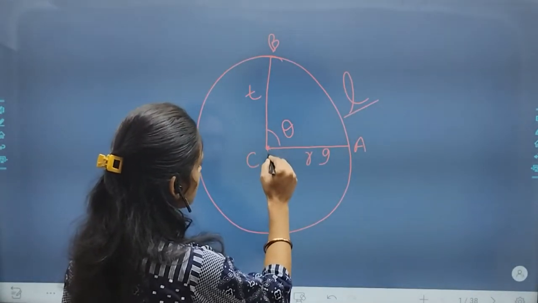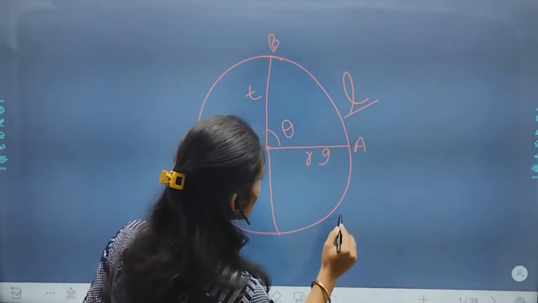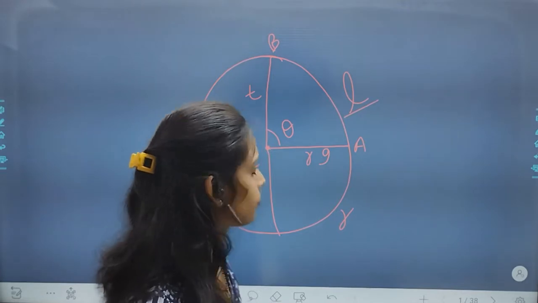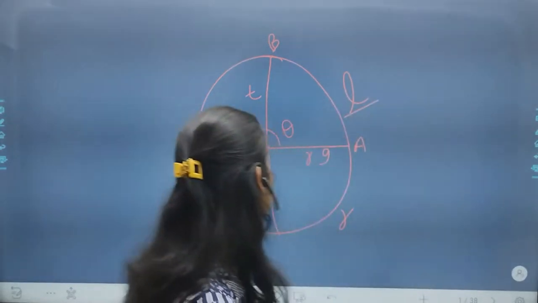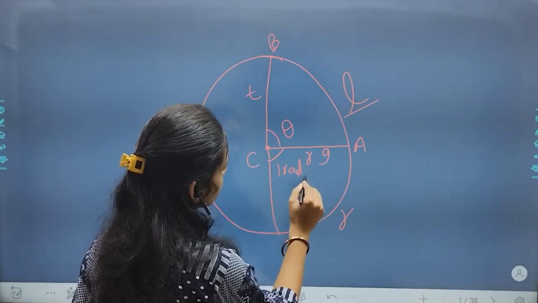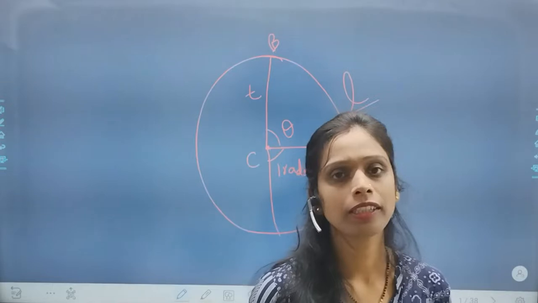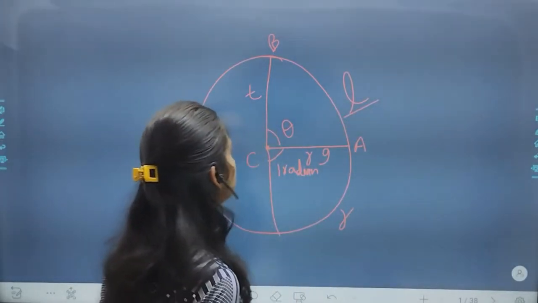Let us suppose it rotates here and this arc is R. Means here it is one radian.